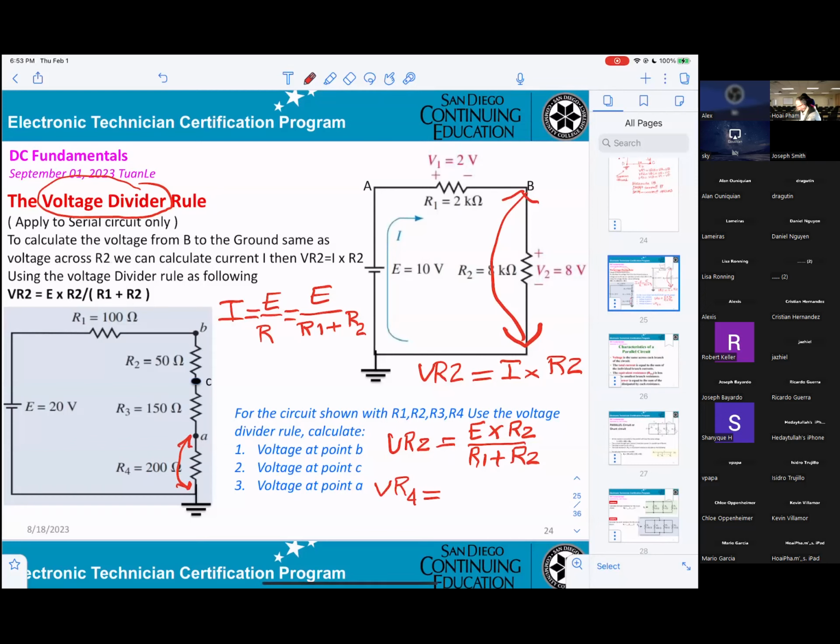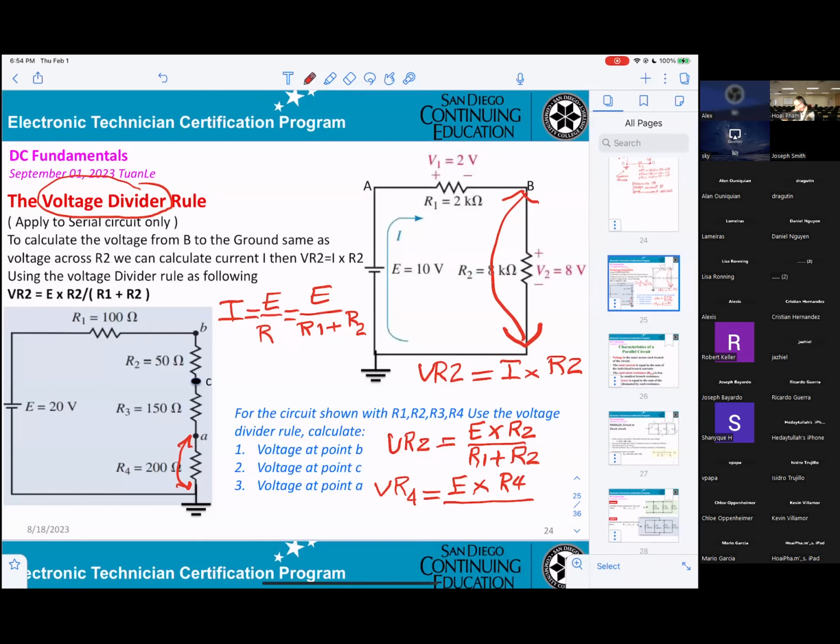First thing you have to take E times what? R4. Perfect. R4 divided by R, what R?